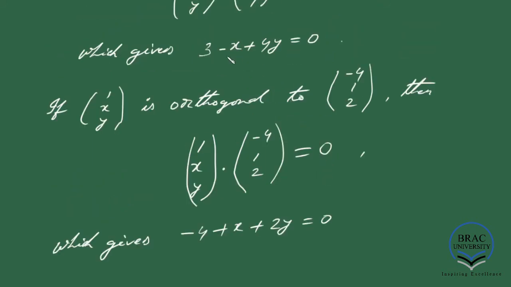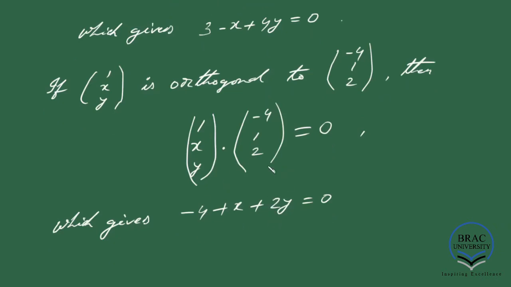So from this case we have found a really nice equation, and from the other case we have found another nice equation. So from these two equations, we can write, but this equation is not in the standard form. What I mean by standard form is the constant terms on the right side of the equation and all the variables on the left side of the equation. So let's try to do that.